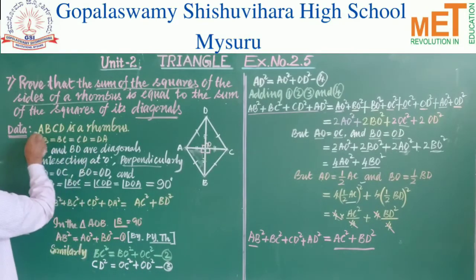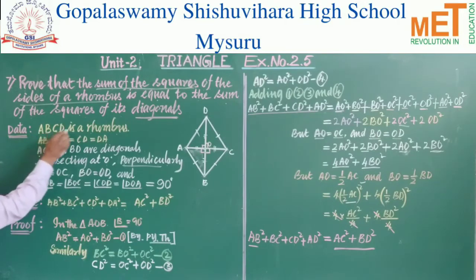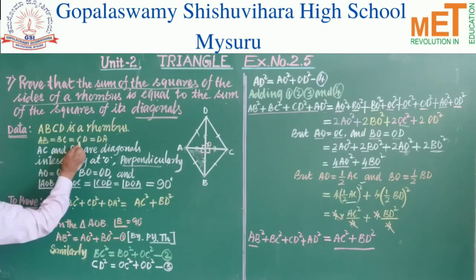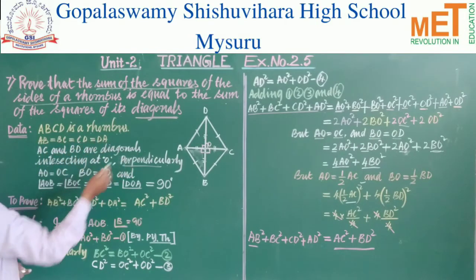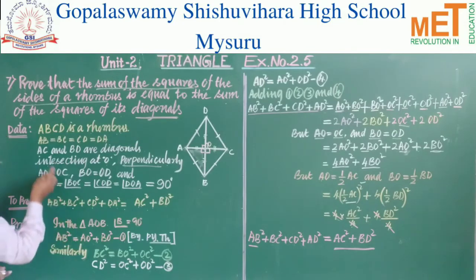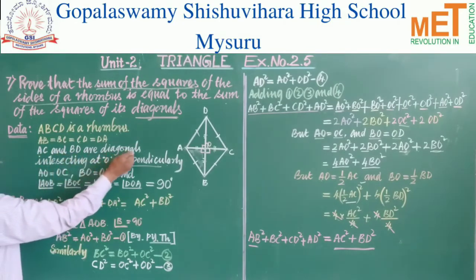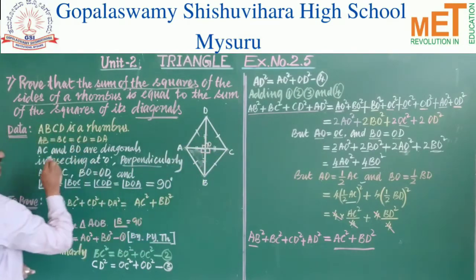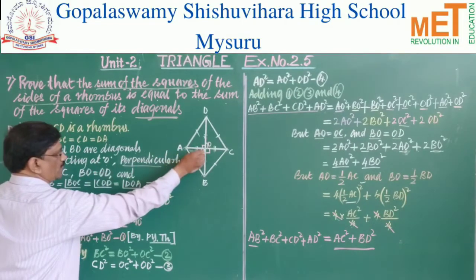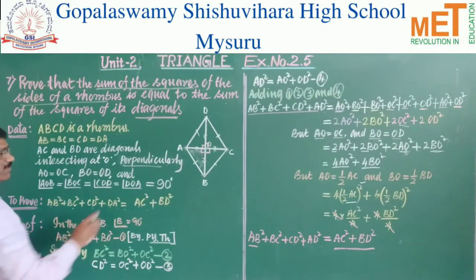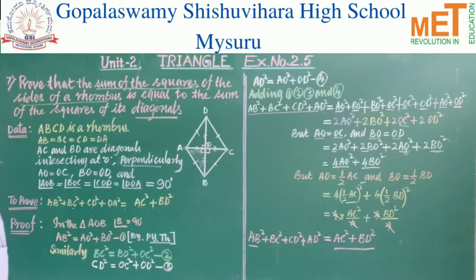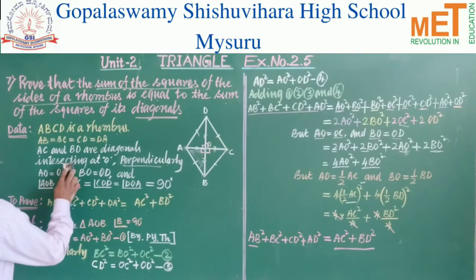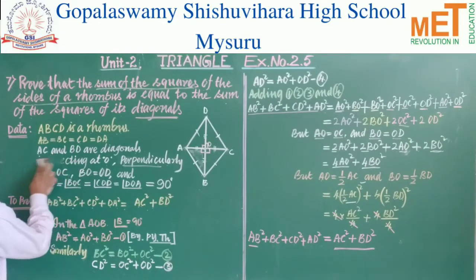Okay. Here in the data, ABCD is a rhombus. You know that AB is equal to BC is equal to CD is equal to DA. That is, all sides are equal. Next, AC and BD are diagonals intersecting at O perpendicularly. So you can write, instead of intersecting, you can write bisecting.